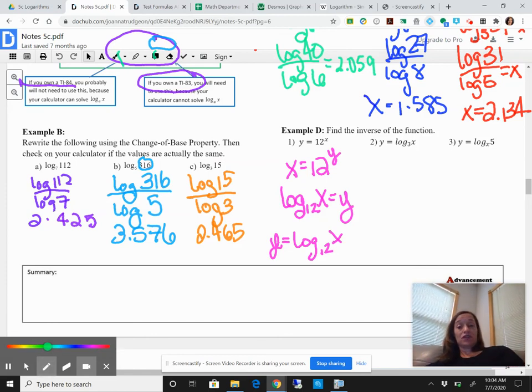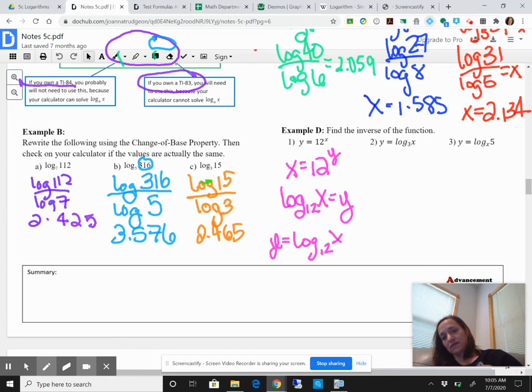Likewise, we could start with a log equation and change it to an exponent. So here I have this log equation. If I want to know what the inverse is, I will switch x and y. So x equals log base 3 of y.